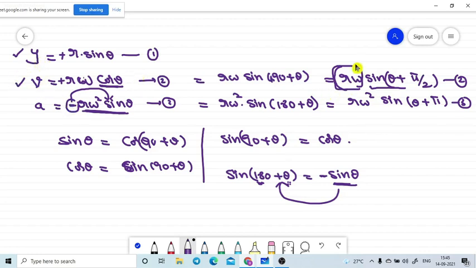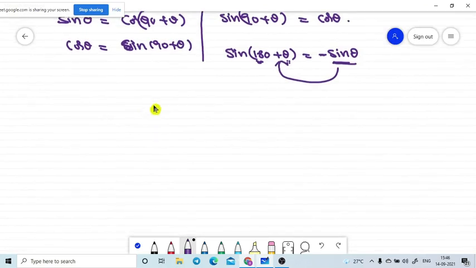In the displacement, sine theta is available, but in the velocity plus pi by 2 is available. That means if you take the phase difference between the velocity and the displacement, an extra pi by 2 phase difference is there. That is one good conclusion between the velocity and displacement.